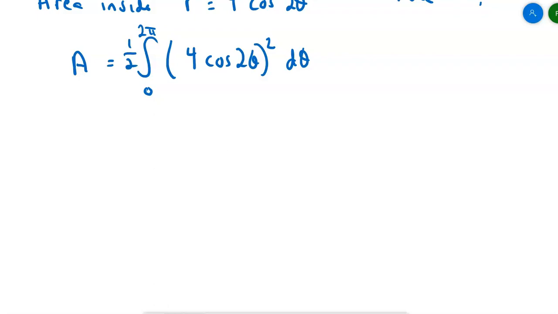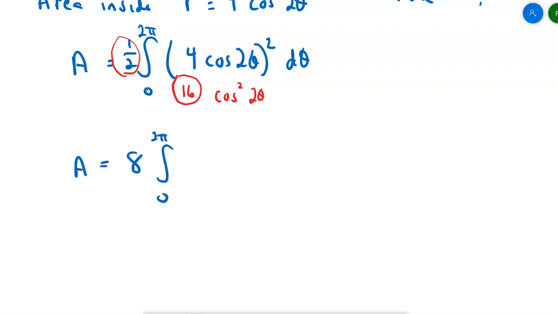Square the cosine, well, you get a cosine squared. Don't square the 2 in front of the theta, just the cosine squared. So let's take the 16 here and the 1 half here and make it an 8. So the area is equal to 8, integral from 0 to 2 pi of cosine squared 2 theta.